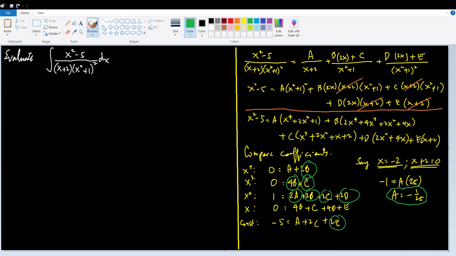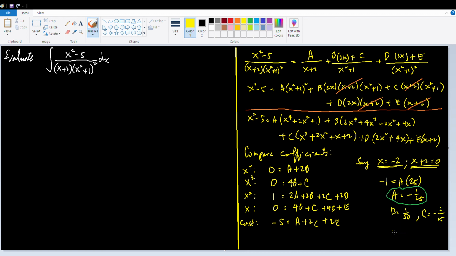So you just verify these values. A is negative 1 over 25. B will be equal to 1 over 50. C will be equal to negative 2 over 25.